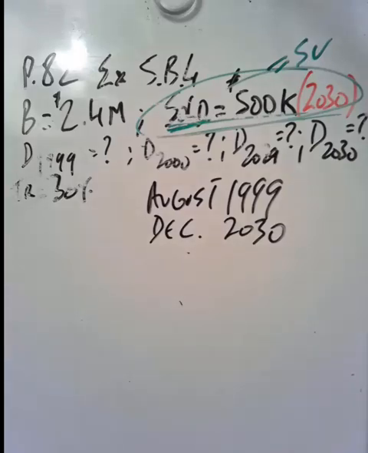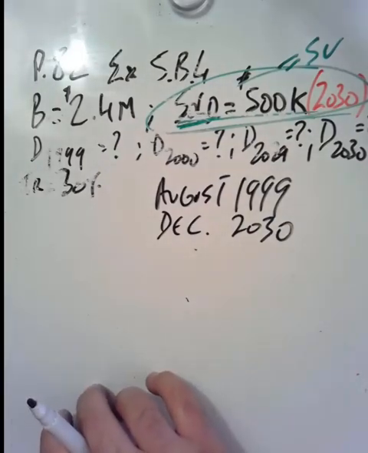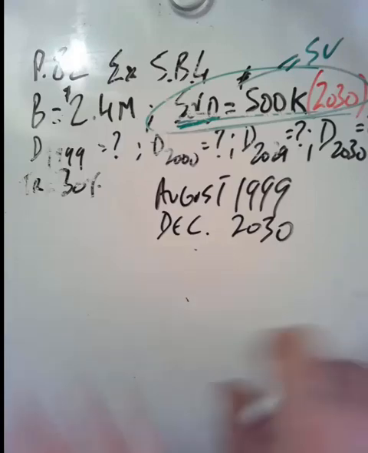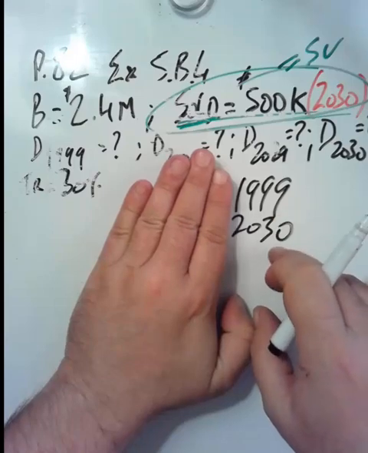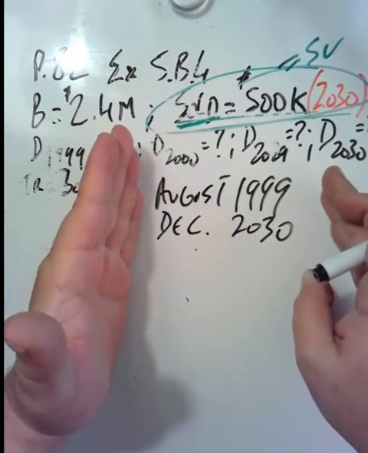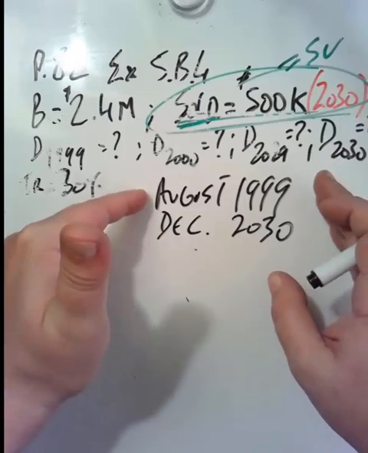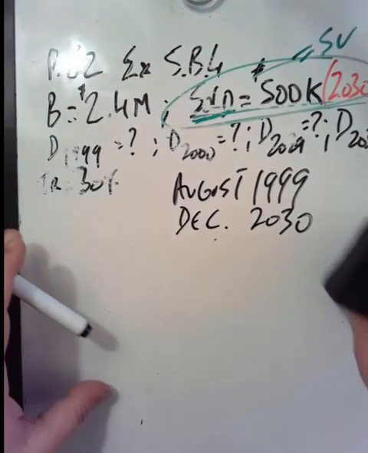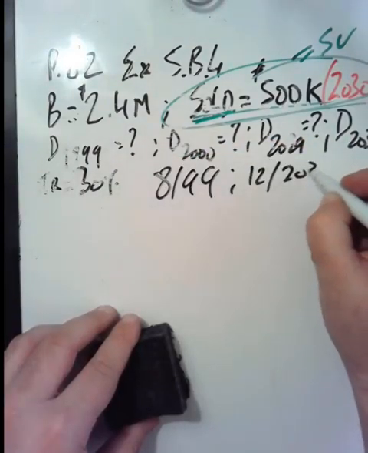We never care about the days, regardless if we're talking about personal property or real property. When talking about personal property, we only care about the years because we use the mid-year assumption. When talking about real property, we care about the month because we use the mid-month assumption. So, August 99 and December 2030.